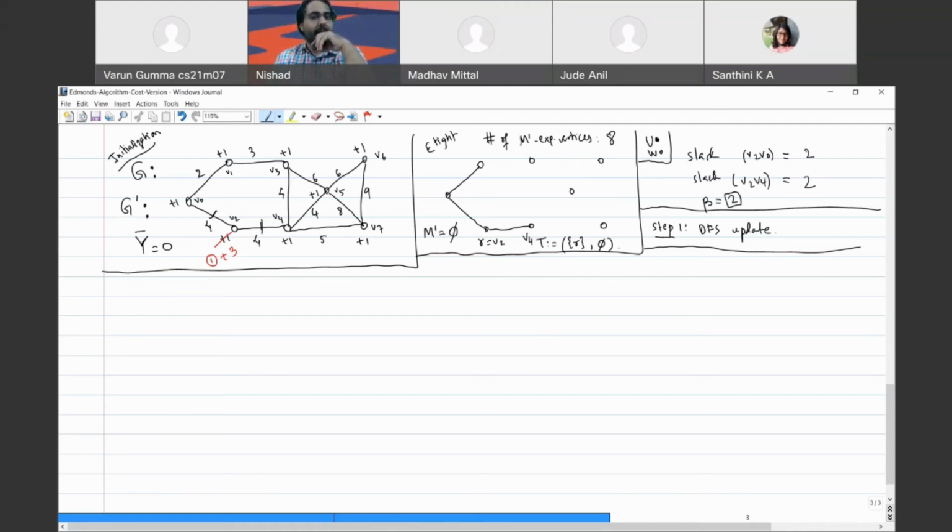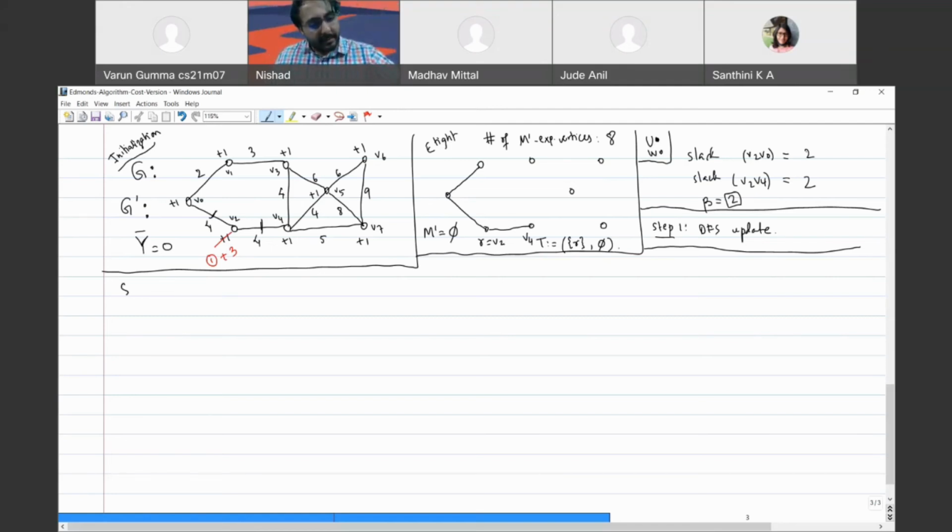Earlier the vertex v2 was isolated, so I could not find any augmenting path to increase the size of the matching. But now my tight graph has edges joining the root vertex to other vertices. So I can increase the matching. I can either choose the edge v2 v4 or I can choose the edge v0 v2. But I'm deliberately going to choose v2 v4.